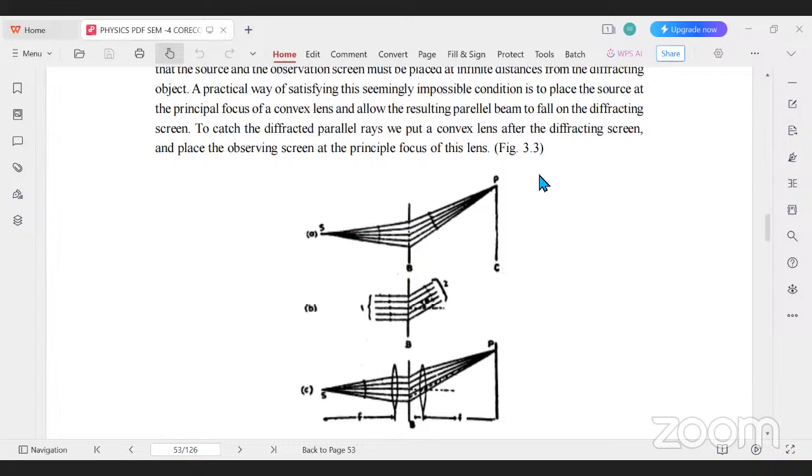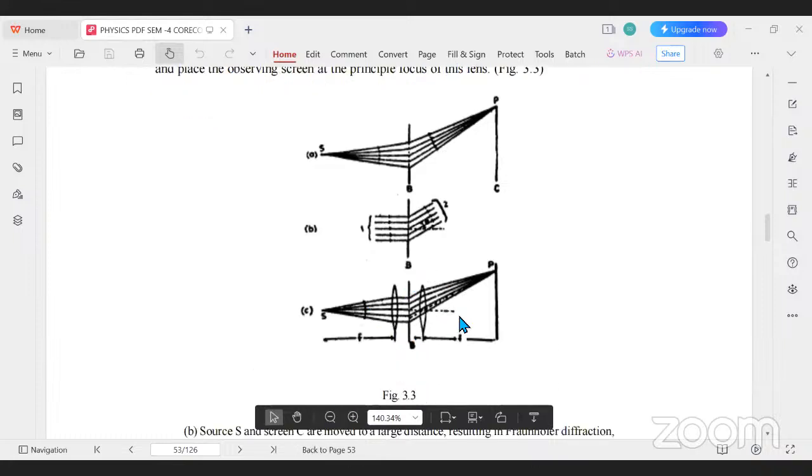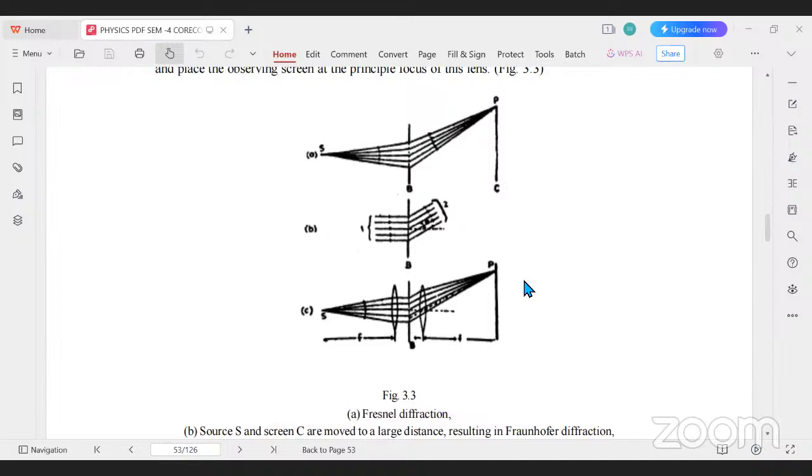This is the source and this is the observation. In this way, different lines connect, and here you can see how they combine and come together as an observation.